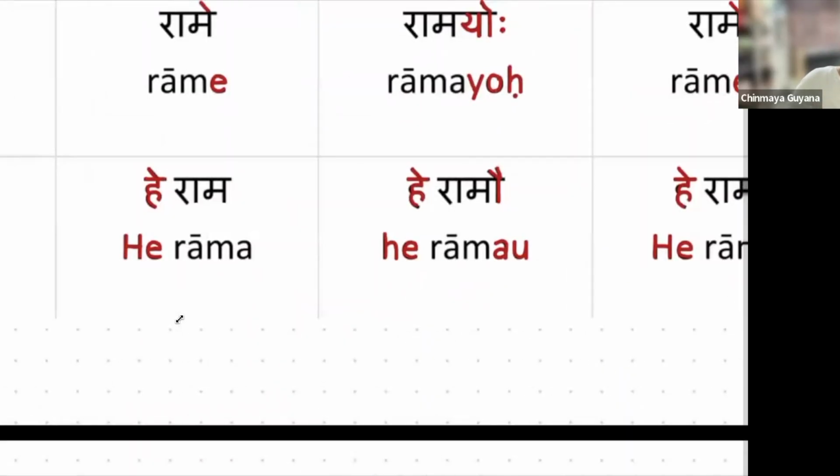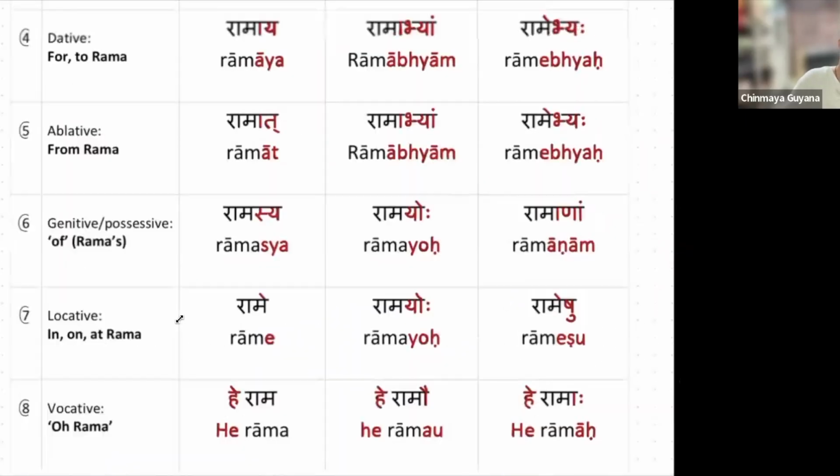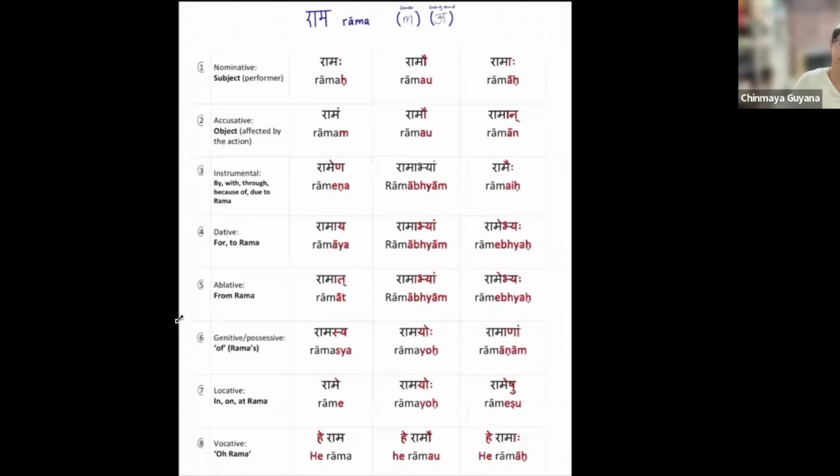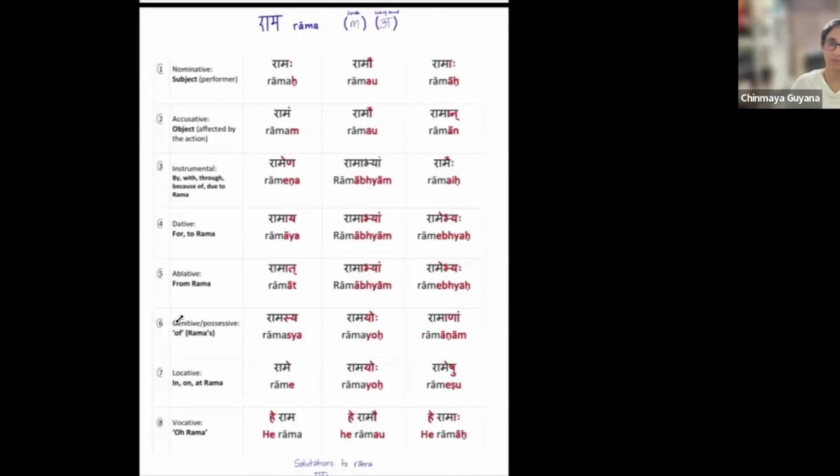I want to say salutations to Rama. Salutations is Namaha. And Rama is what? In fourth case singular, to Rama.